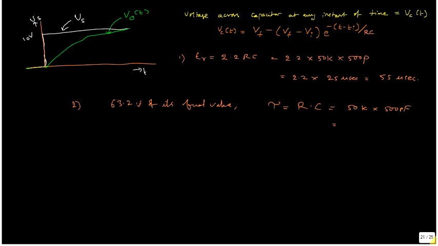So 50K into 500 picofarads is equal to 25 microseconds. 25 microseconds is the time constant.